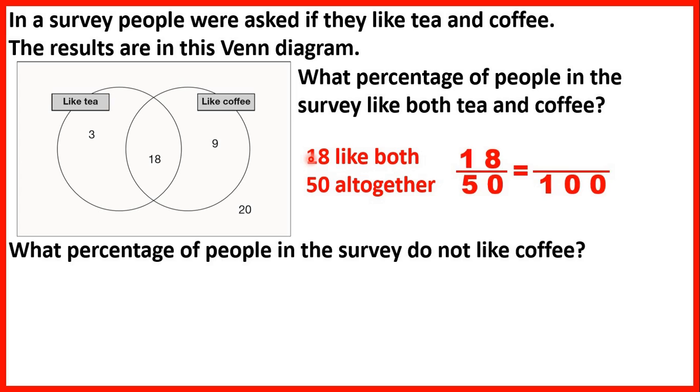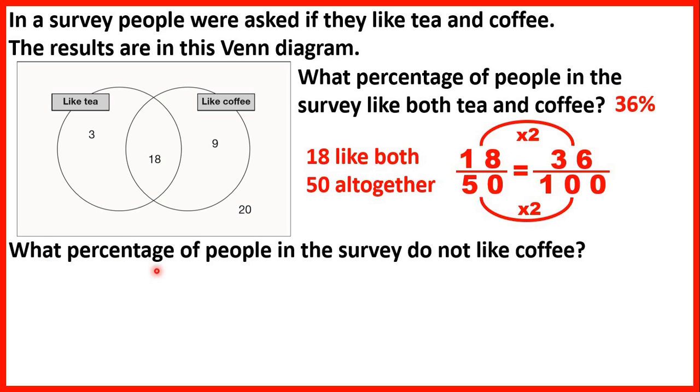So there are 50 people altogether, but because a percentage is always out of 100, we need to find an equivalent fraction to 18 over 50, which has a denominator of 100. 50 times 2 is 100, and 18 times 2 is 36. So because that's equivalent to 36 hundredths, we have 36%.